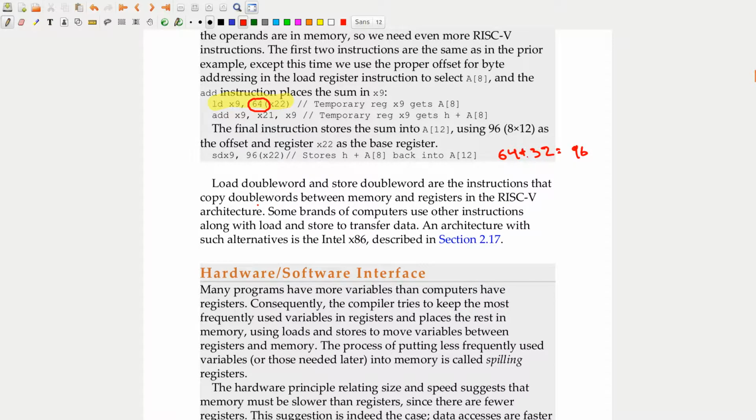I was able to figure this out quickly because if 8 is equal to 64, that means 4 is equal to 32, 8 equals 64, that means 12 is 96. So I did that math in my head real quick. That's why we have an offset of 96 right here.